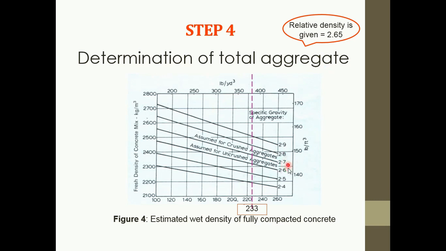So you just draw another line here for 2.65, and at the intersection, you project the line to get the fresh density of the concrete mix. From here we get our wet density equals 2375.